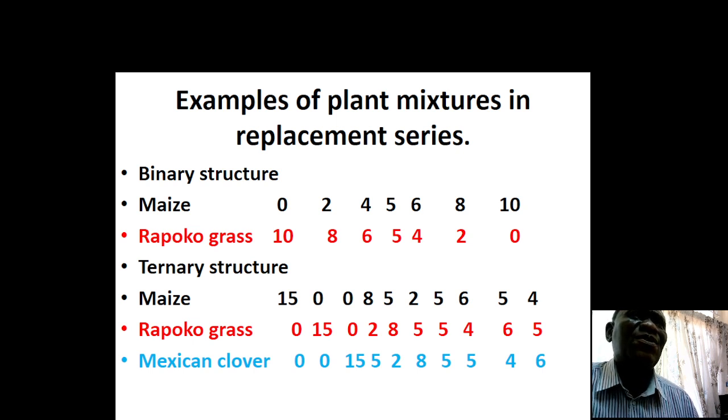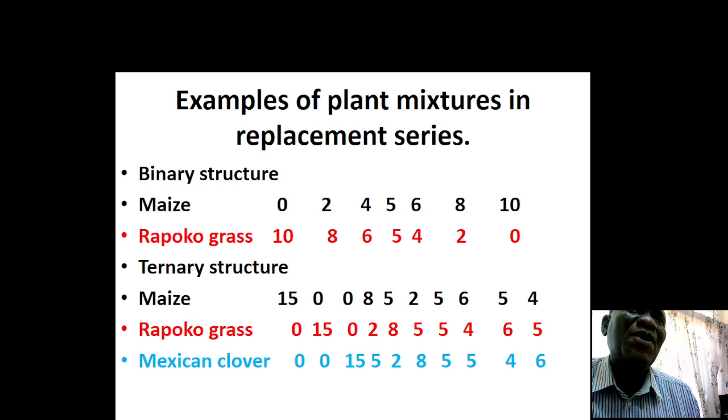This is an example of plant mixtures in a replacement series. We call it the binary structure. If you are having maize and rapoco grass, for example, we can increase maize from 0 up to 10. So 0, 2, 4, 5, 6, 8, and 10. In that mixture, if maize is 0, it means we are having 10 plants of rapoco, and we can decrease them up to 0.